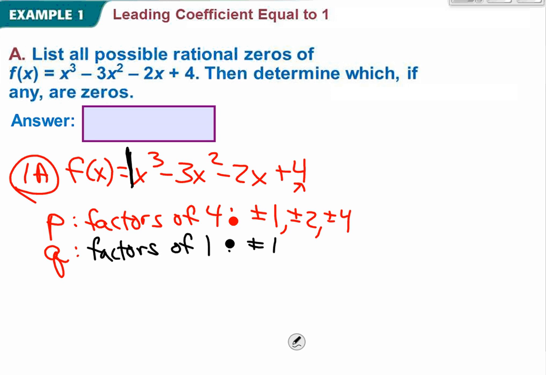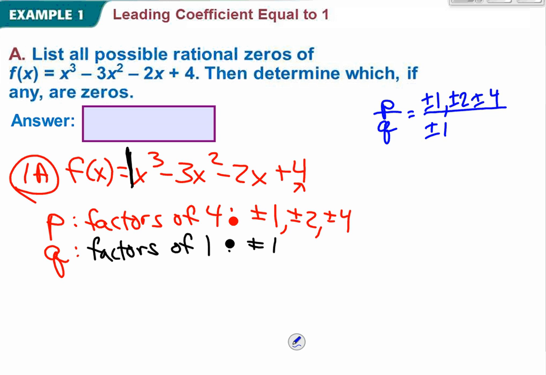So then really what we're asked for here is this fraction of p over q. And again, this is the most I'm ever going to write for p over q. From now on, I'll just write p over q and boom, start writing out all the possibilities. So we take, it's a fraction, any of these, plus or minus 1, plus or minus 2, plus or minus 4, over any of these, plus or minus 1.